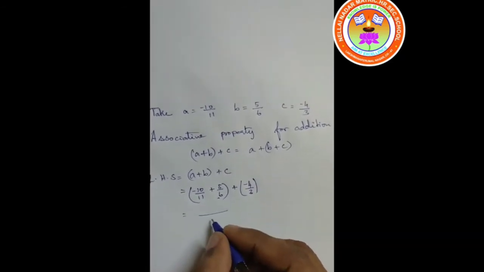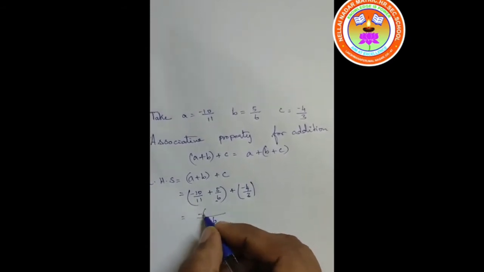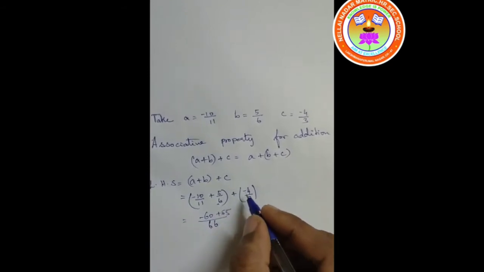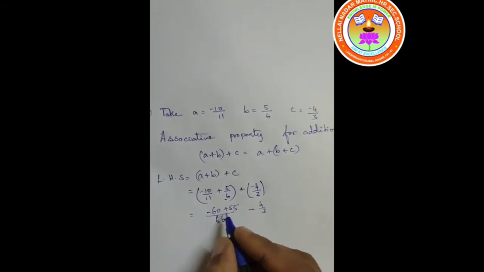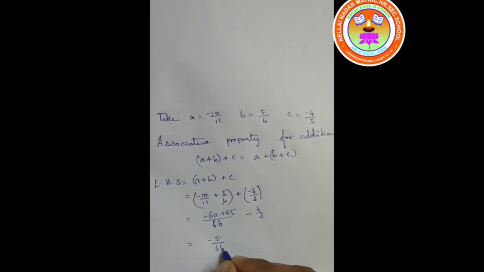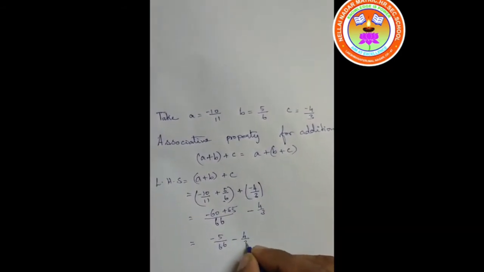LCM for 11 and 6 is 66. It will become minus 60 plus 55, plus minus 4 by 3. So if you add these two, you will get minus 5 by 66 minus 4 by 3.